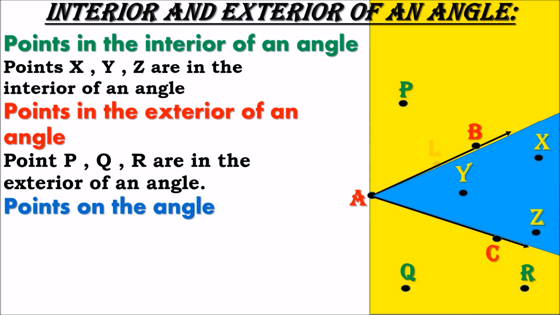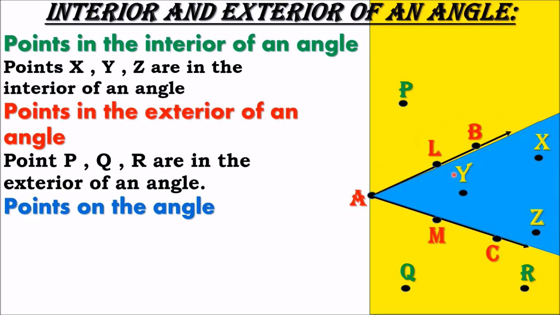Points on the angle. Look at over here, point L and point M are on the angle. On the angle means they are on the arms of the angle.